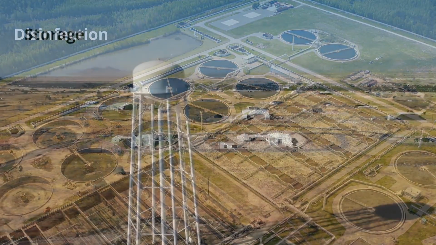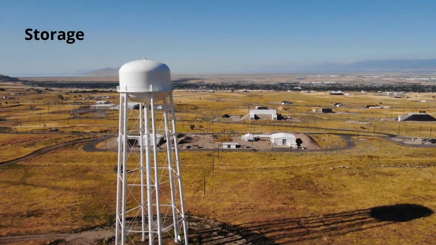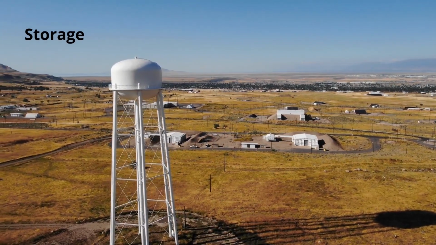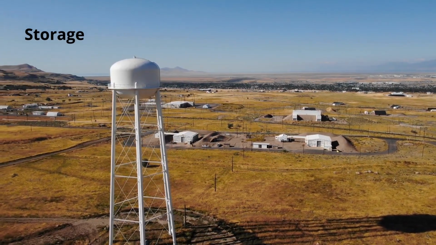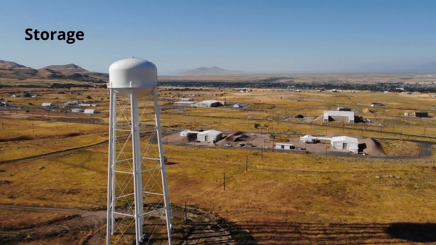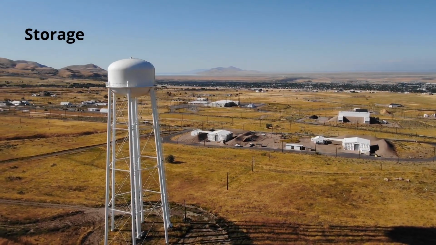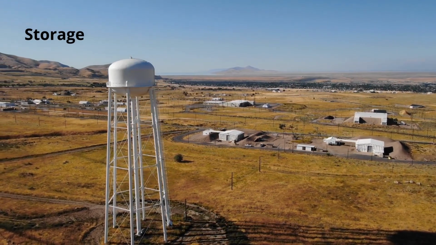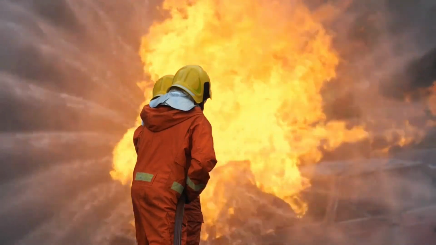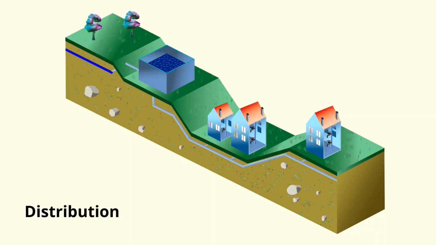Once the disinfection process is complete, the water is stored. Storage usually takes place in elevated storage tanks that are visible around town, or in an underground storage tank called a clear well. And also, there must always be an ample supply of water available in the event of emergencies. Distribution.